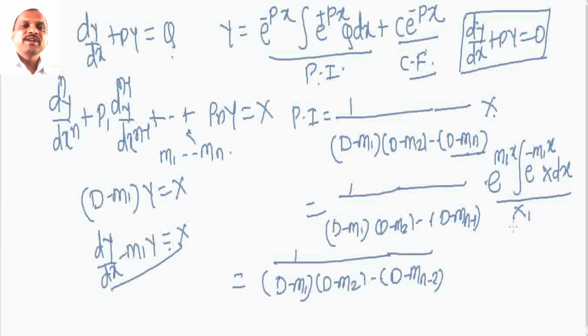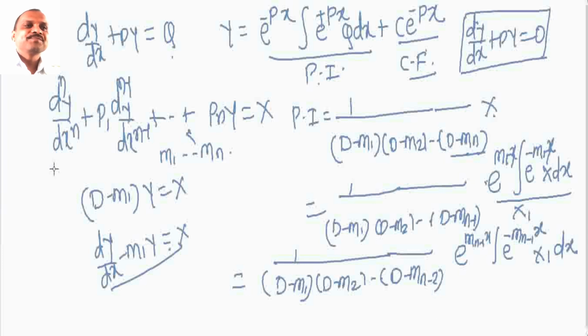Now I am operating D minus m on this new x1, and instead of m1 we take mn minus 1. So we get e raised to mn minus 1 x, integration of e raised to minus mn minus 1 x into x1 into dx.